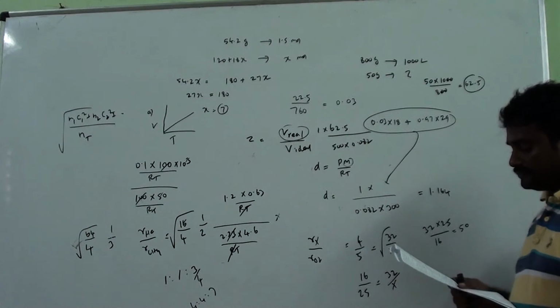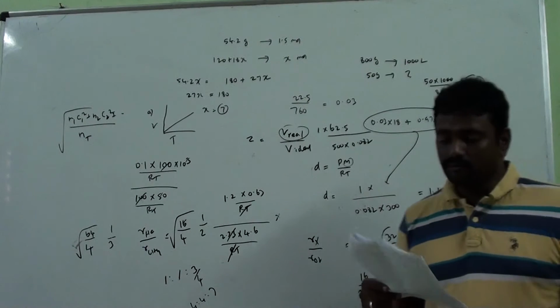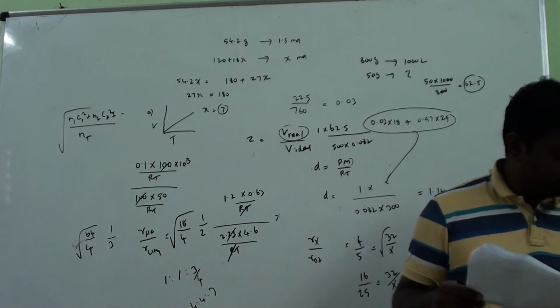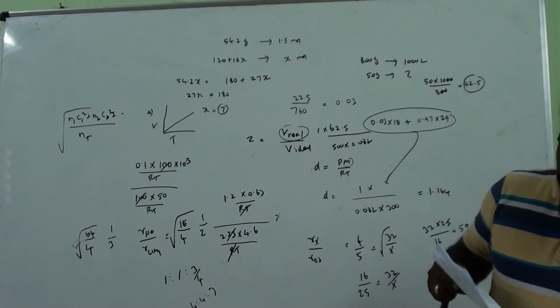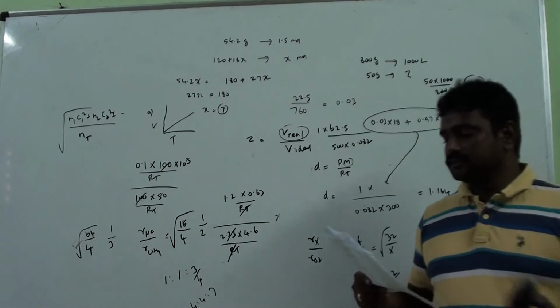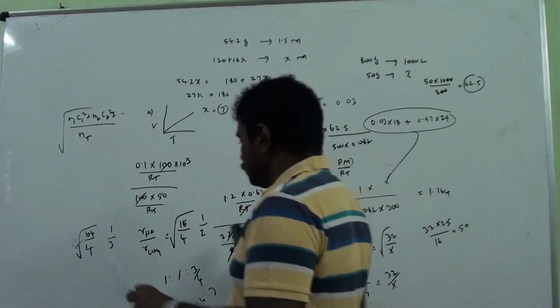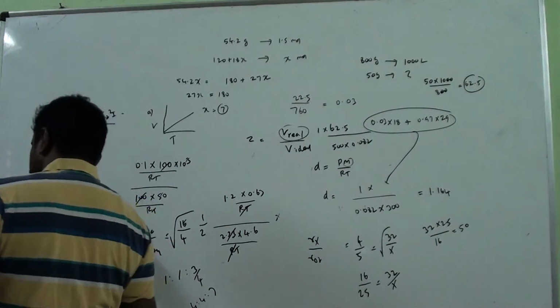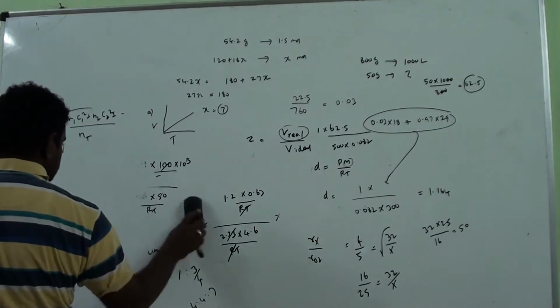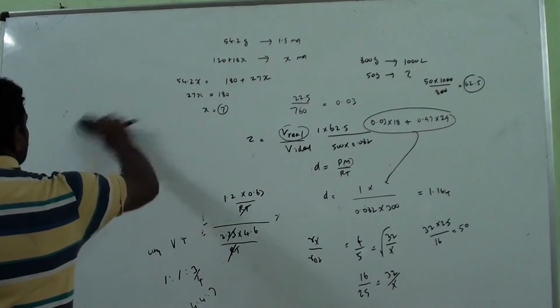15th, a given volume of ozonized oxygen containing 60% oxygen by volume. It means 0.6 moles, the unreacted oxygen. If you take 1 mole, there are 0.6 moles.